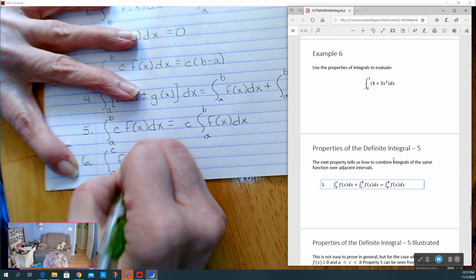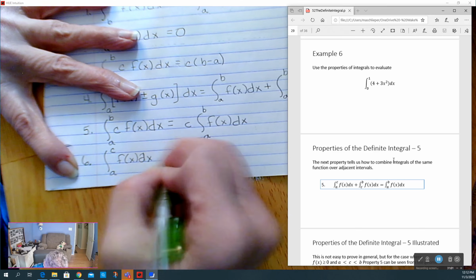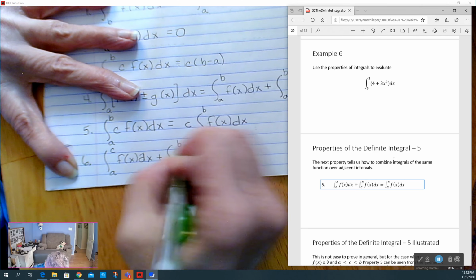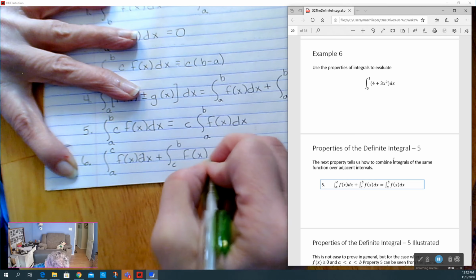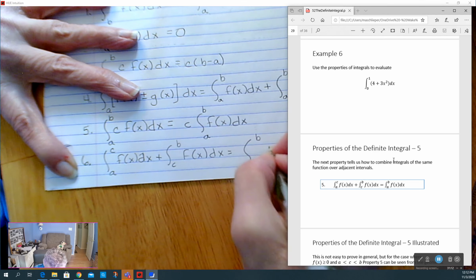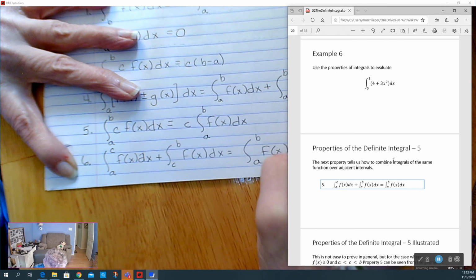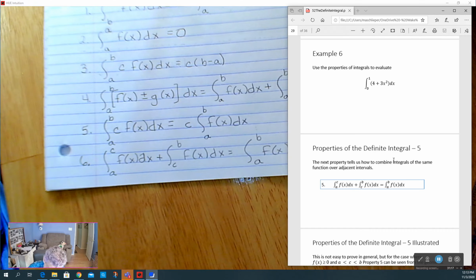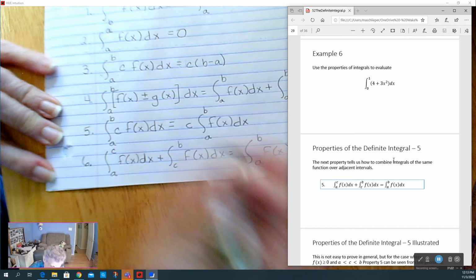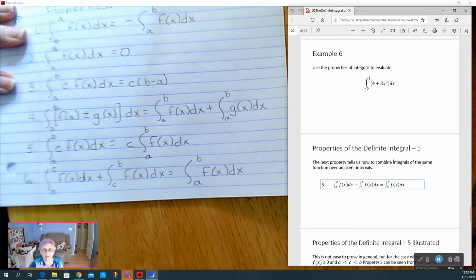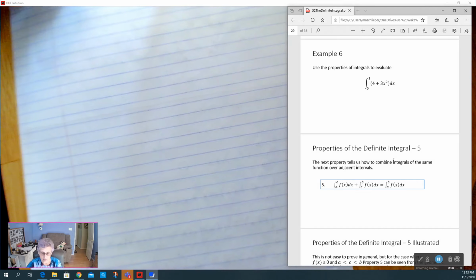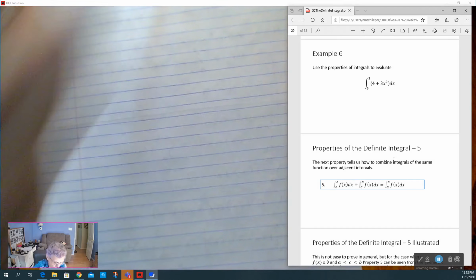The integral from a to c plus the integral from c to b is equal to the integral from a to b. Okay, we'll look at an example of that in a moment, but I wanted to put all of our properties here together so we have a nice list of properties that we can use. Let's go ahead and take a look at example 6.